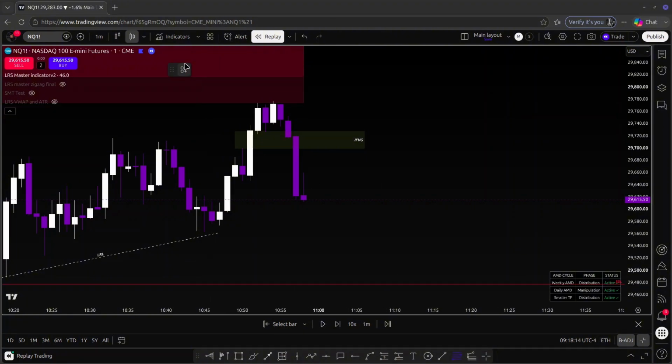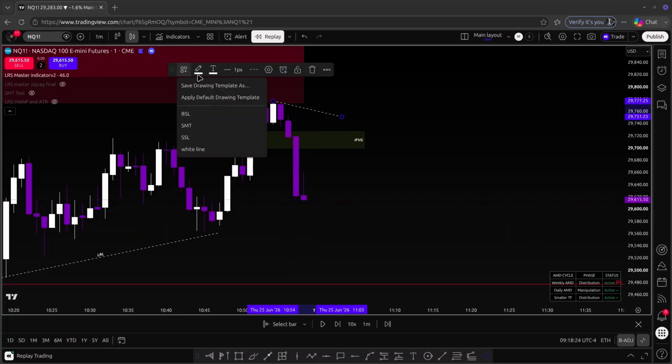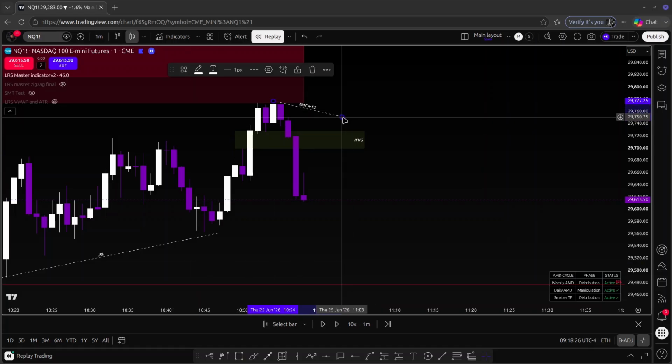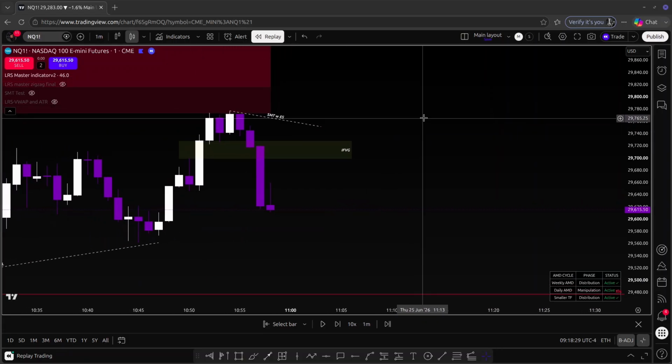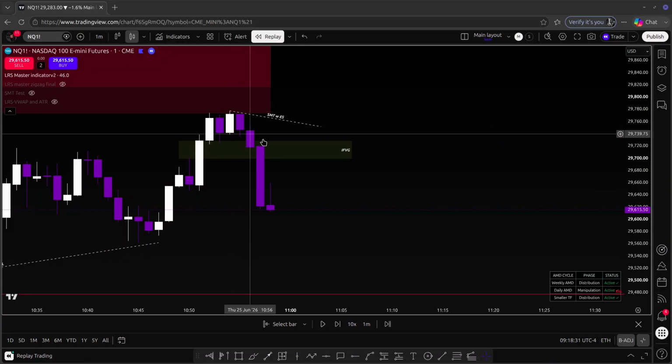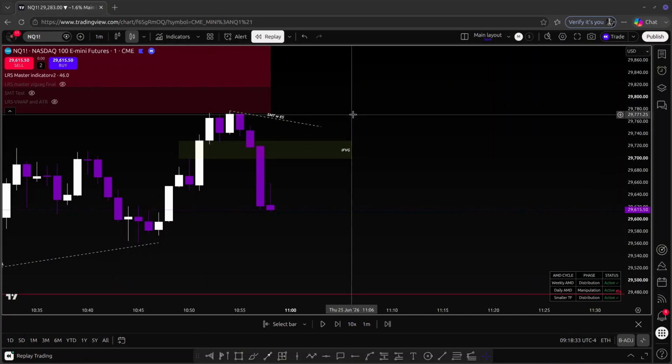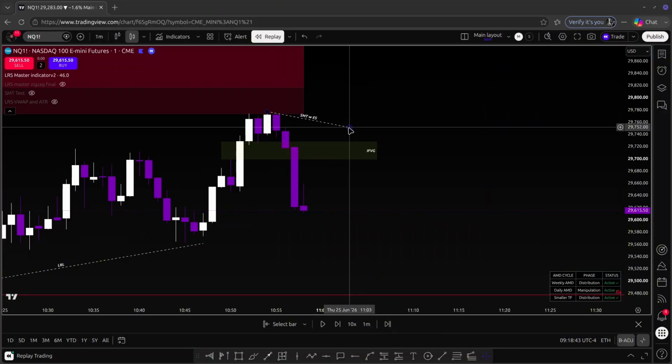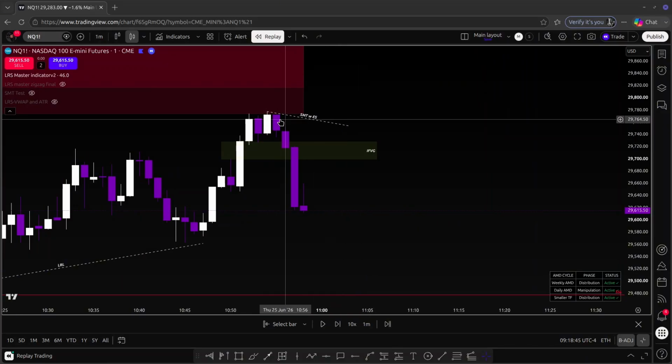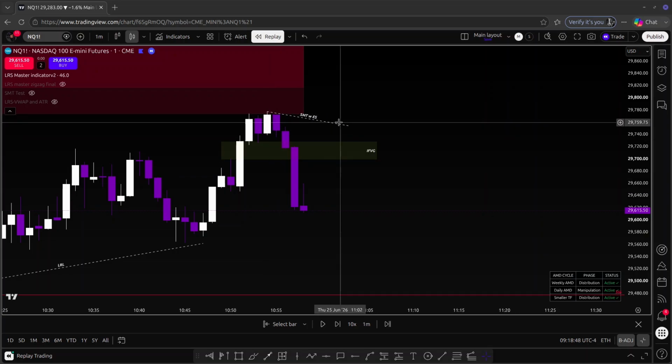So what I did was I wanted to see a retrace back into equilibrium, see if any asset sweeps this buy side, and see if we cause any form of SMT at this high, and then I'll trade the weaker asset. Hopefully, I was hoping the Nasdaq would be the weaker asset because once again, I prefer Nasdaq because I am more familiar with the way Nasdaq delivers price. So that's what I was expecting: a weaker asset, an internal sweep at 11 o'clock.